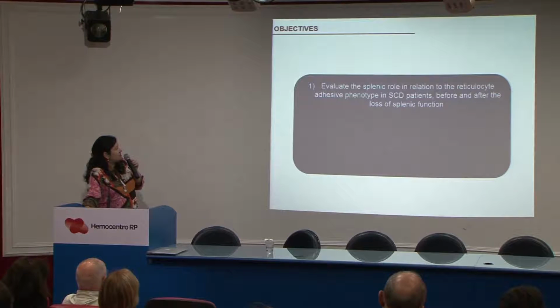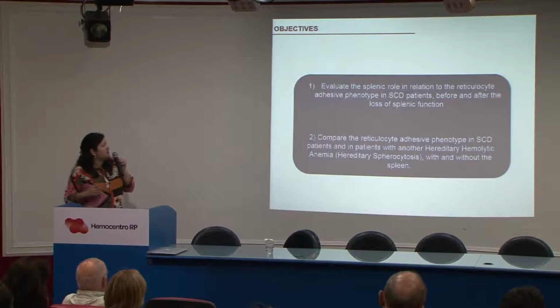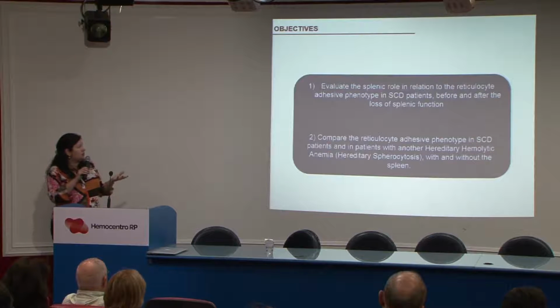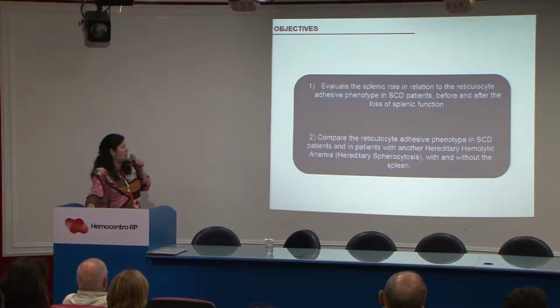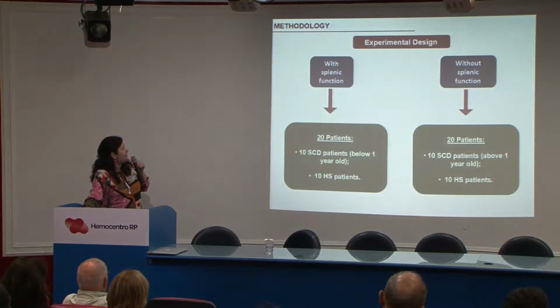Our objectives in this study will be to evaluate the splenic role in relation to the reticulocyte adhesive phenotype in sickle cell patients before and after the loss of splenic function that occurs very early in life, and to compare the reticulocyte adhesive phenotype in sickle cell disease patients with hereditary spherocytosis, with and without the spleen.